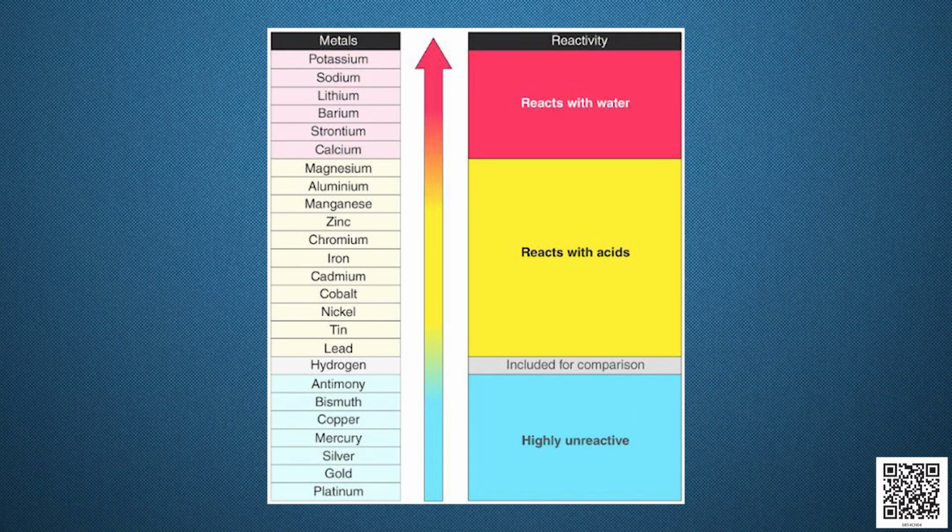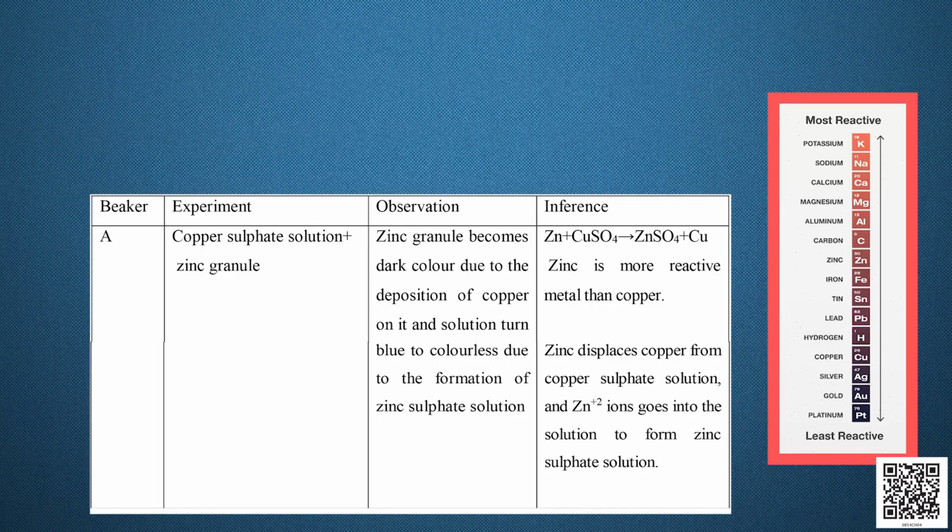We see that in this series, potassium is placed at the top, meaning it is the most reactive element. Silver, gold and platinum are at the bottom, indicating that these are least reactive elements. Now, let us verify this series with our experimental results.